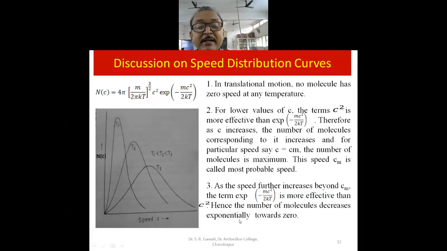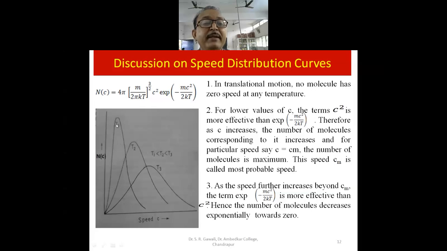Beyond the particular speed C equal to Cm, as we increase the speed of the molecules of the gas, the exponential term is effective, and therefore the number of molecules decreases exponentially. So this is seen from each curve.